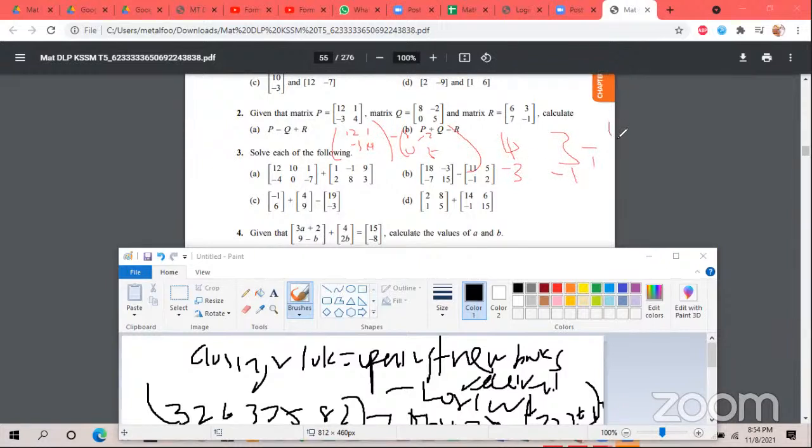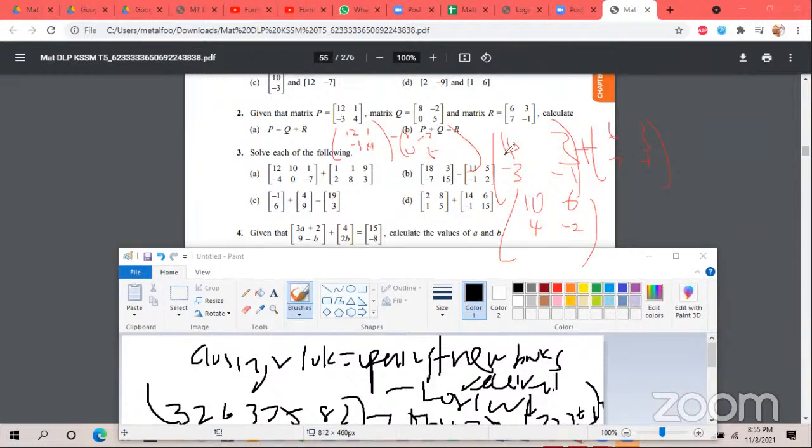Plus R. R is 6, 3, 7, negative 1. Oh, this is plus, sorry. 4 plus 6 is 10. 3 plus 3 is 6. Negative 3 plus 7 is 4. Negative 1 plus negative 1 is negative 2. All right, so the answer is 10, 6, 4, negative 2.